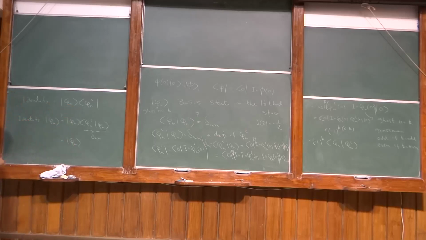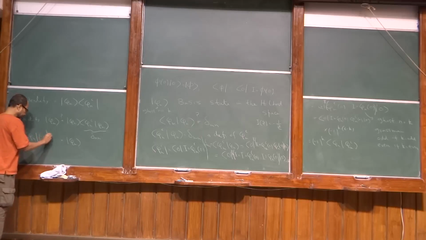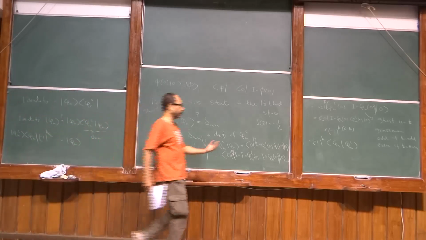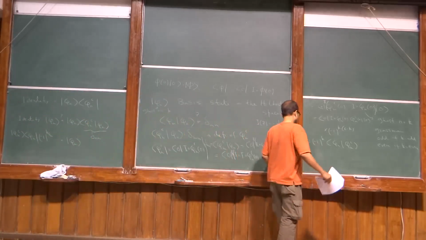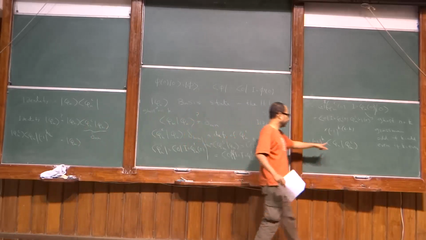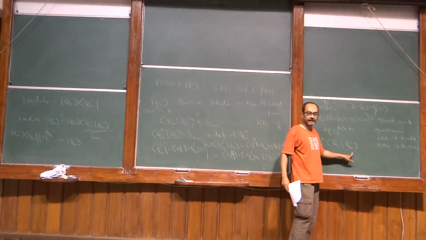But the other way is not true. If you have taken phi n c phi n, this is not identity, you also have to put the minus 1 to the k factor. Because of this fact on the inner product: if this is delta nm, then phi n c phi n is not delta nm.